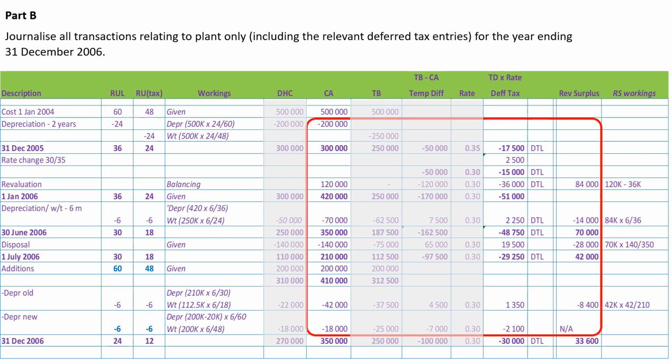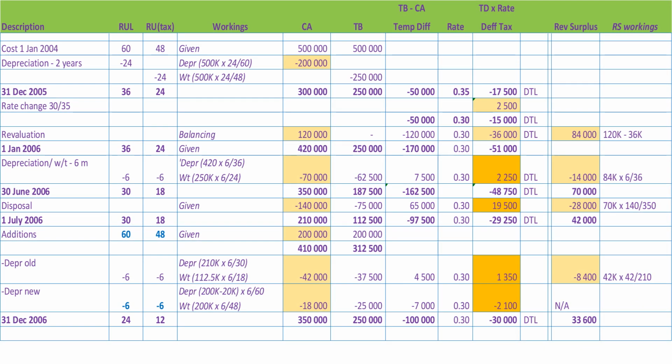What you see in your red box are your entries that we will focus on. To make life simpler, I've highlighted all of the amounts that need to be journalized. For the light yellow, we will journalize it individually. For the dark orange, these items we shall aggregate when journalizing.